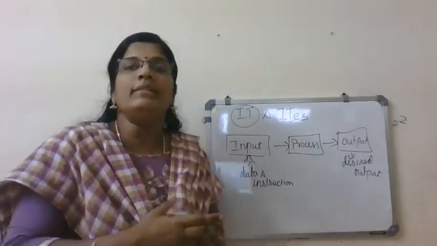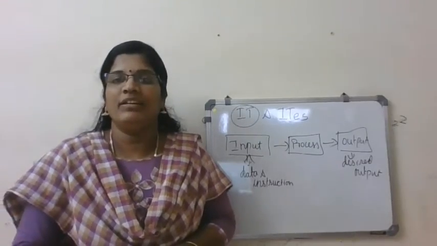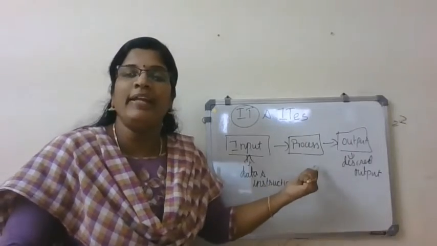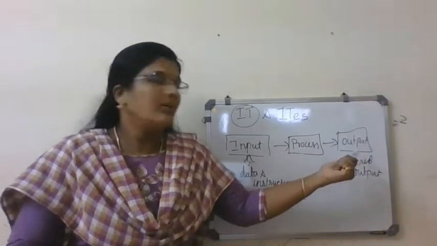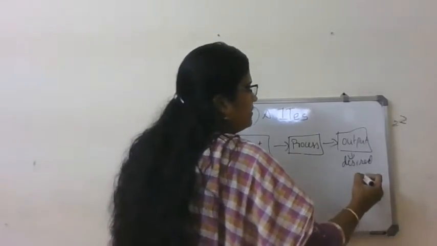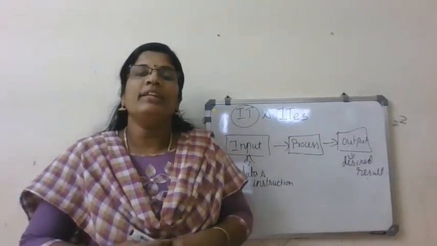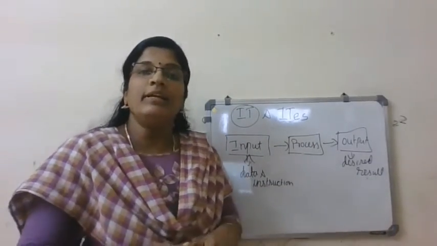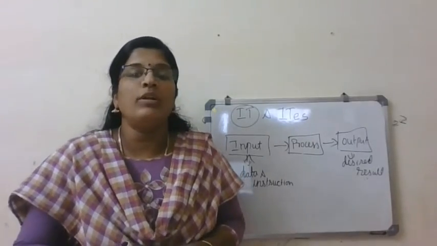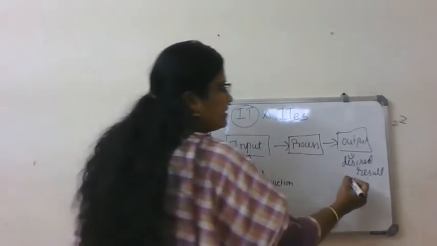So this processed data is called information. So here it is getting processed, right? After processing, we are getting the result. Actually, I should write desired result. Both have the same meaning, result and output, okay? So the desired result is processed data. What is the processed data called? Information.